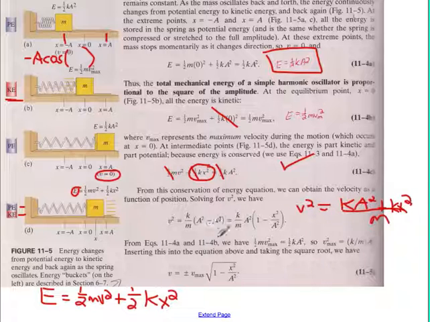So let's see if that looks like what they have. You guys see that? These both share a k, so they factored the k out and put it over the m. And that's exactly what we have, isn't it? Oh, oops. This was a plus. So this should be not a plus, but a minus. There we go. Now we have exactly what they have.